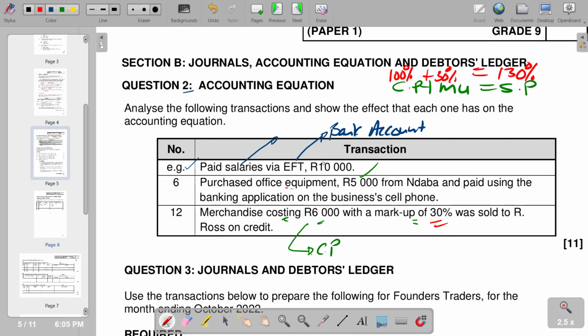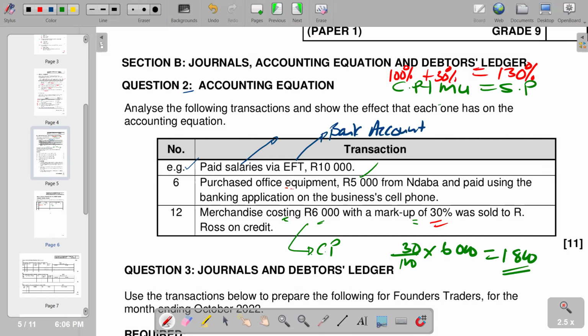So since we are given the percentage and the cost price, we can simply say the percentage times the cost price, whereby our percentage is 30%, so we're going to say 30 over 100 times 6,000. When you calculate it like that, the answer that you're going to get is 1,800. So 1,800 is going to be the markup.